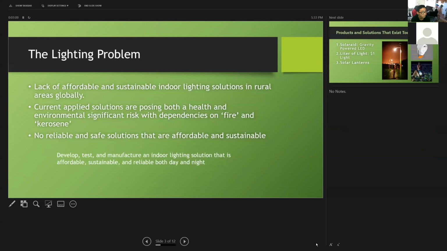There is currently no reliable and safe solutions that are affordable and sustainable in these rural areas. And it brought us to our defined problem statement, which again, as stated before, is to develop, test, and manufacture an indoor lighting solution that's affordable, sustainable, and reliable both day and night. Next slide.